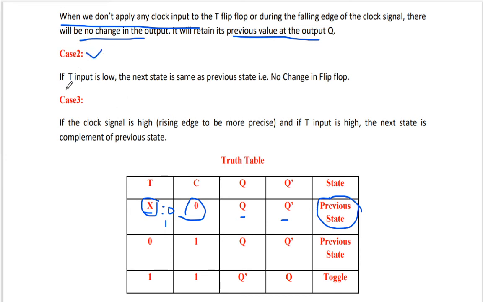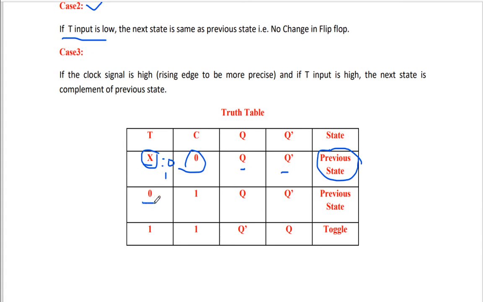In case 2, when the T input is low and the clock pulse is high, the next state is the same as the previous state. So whatever previous state we had, the same state we are going to retain.